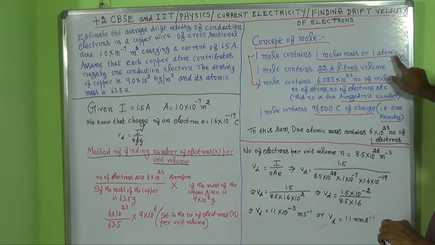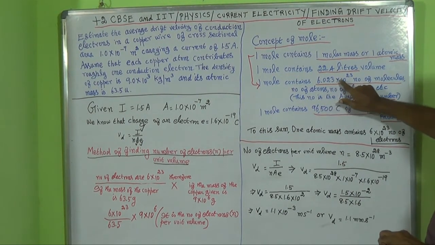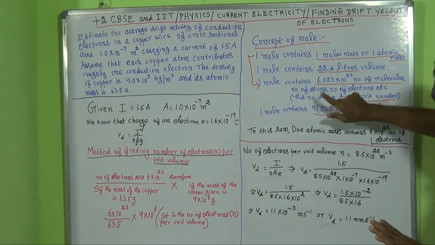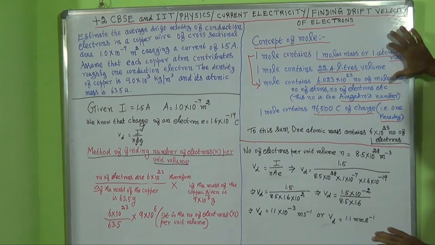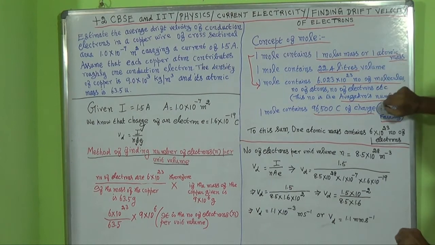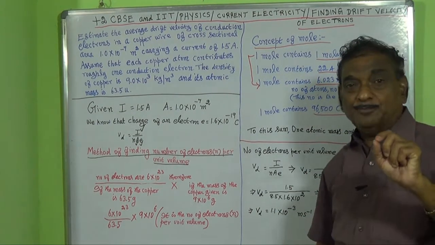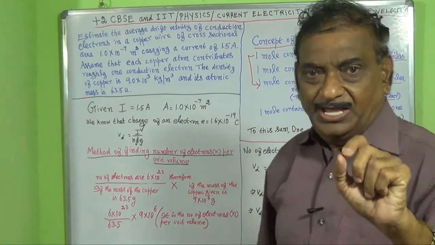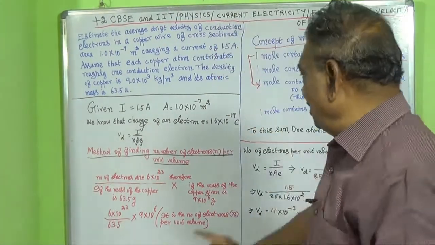One atomic mass is nothing but one mole. 6.023 into 10 to the power of 23 number of electrons is nothing but one mole. So we can equate one atomic mass and 6 into 10 to the power of 23 number of electrons. We are going to apply this information in this sum.